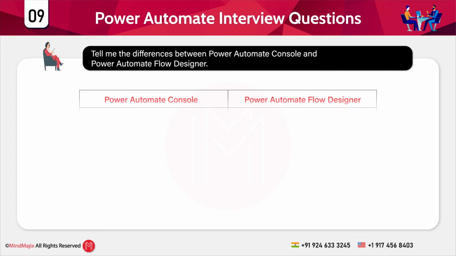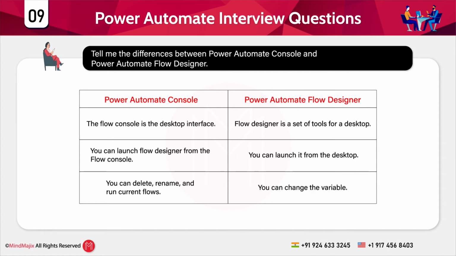Okay, so if you talk about Power Automate console, the flow console is the desktop interface. And in case of Power Automate Flow Designer, the Flow Designer is a set of tools for a desktop. The second point: in Power Automate console, you can launch Flow Designer from the Flow console. In case of Flow Designer, you can launch it from the desktop itself.